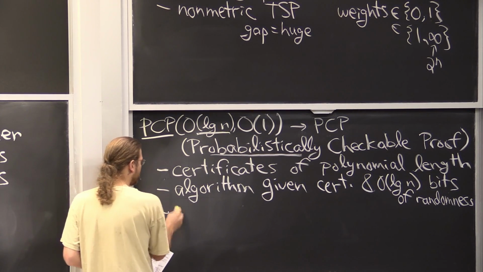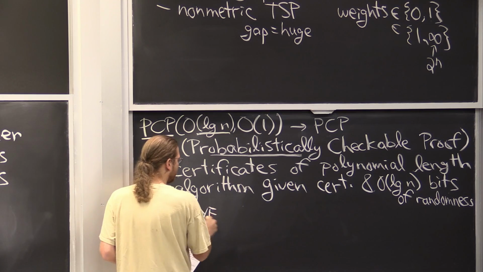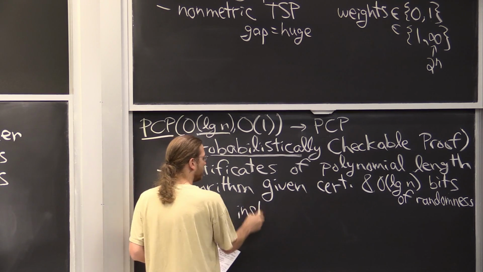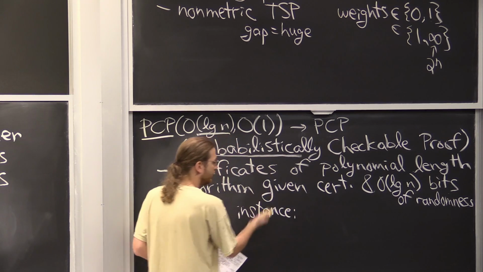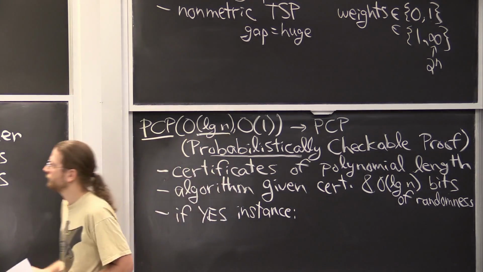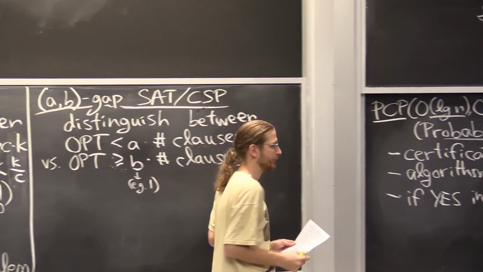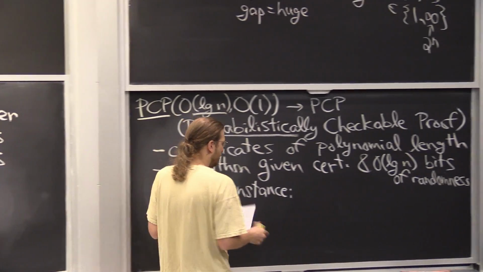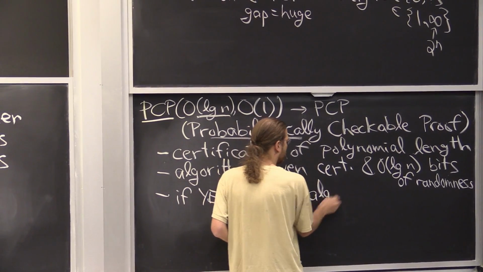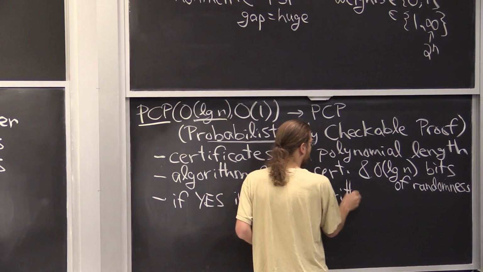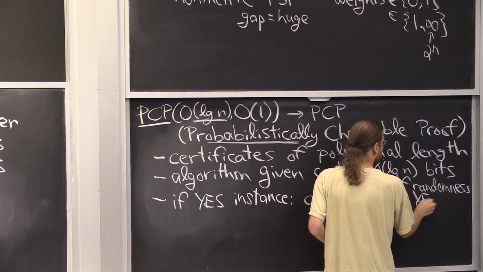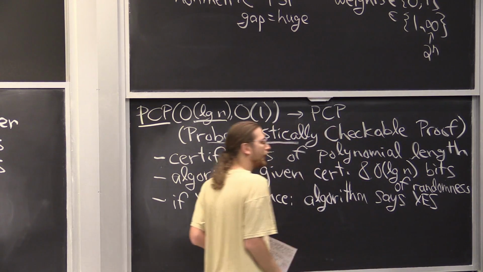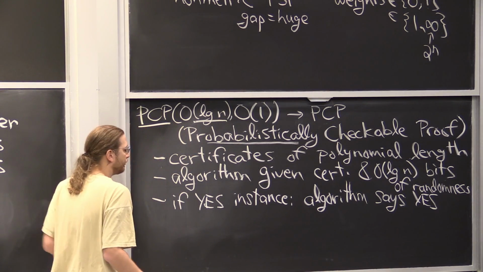So in particular, if the instance was a yes instance, this is back to decision problems, right? Just like NP, there's no optimization here. But we're going to apply this to gap problems, and that will relate us to optimization. So let's say there's no error on yes instances, although you could relax that.